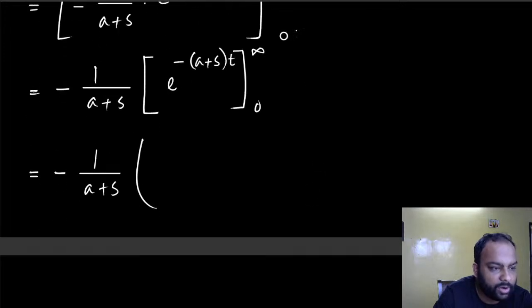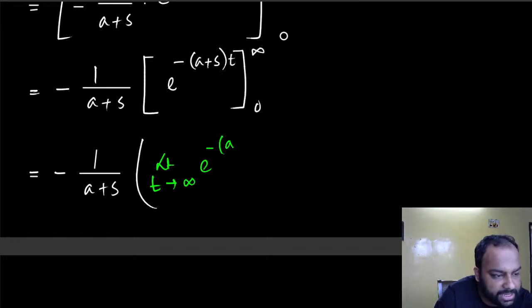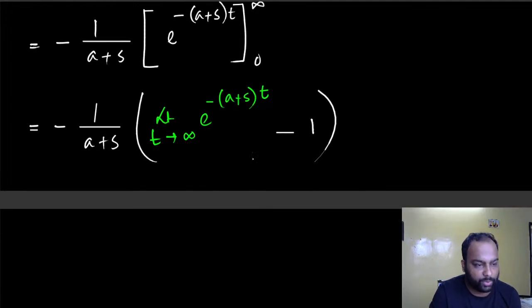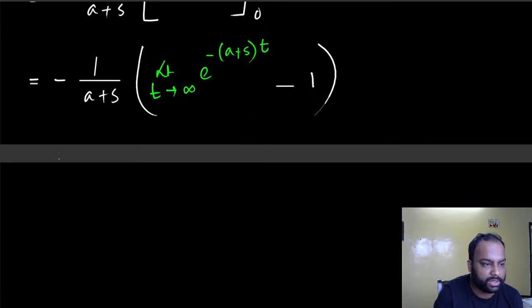So with the upper and lower limits, this portion would be the limit as t tends to positive infinity of e to the power minus a plus s t, and for the other part I would have minus, and at the lower limit, if I put t equal to 0, I get e to the power 0, which is 1. Now I want to find the limit of this one.